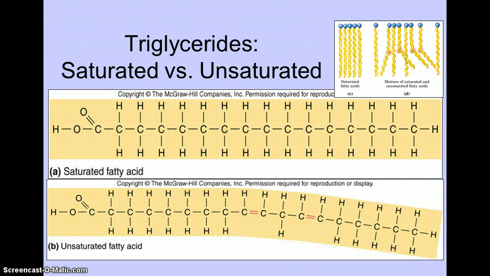In fact, saturated fats are referred to as saturated fats because the carbon molecules in the chains are saturated, or making as many bonds to other molecules as they possibly can. Saturated fats tend to be solid at room temperature, think of lard or butter, and the reason they are solid at room temperature is that they can stick tightly together because they are completely straight molecules. For a visual of this, see the picture at the top right corner of the screen.